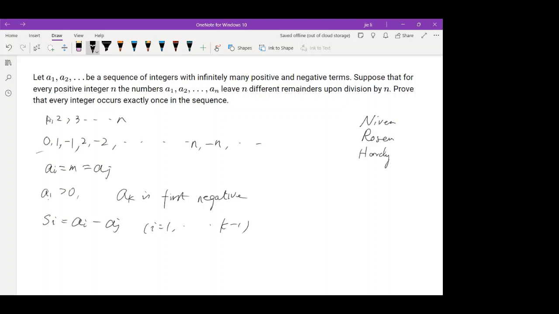If these are distinct, then we know you have k minus 1 numbers, all positive and all distinct. So there should be at least one that is greater or equal to k. So there must exist, let's say, x_j greater or equal to k.